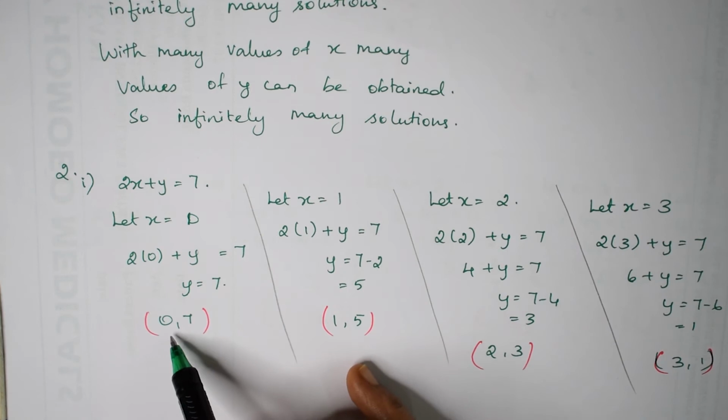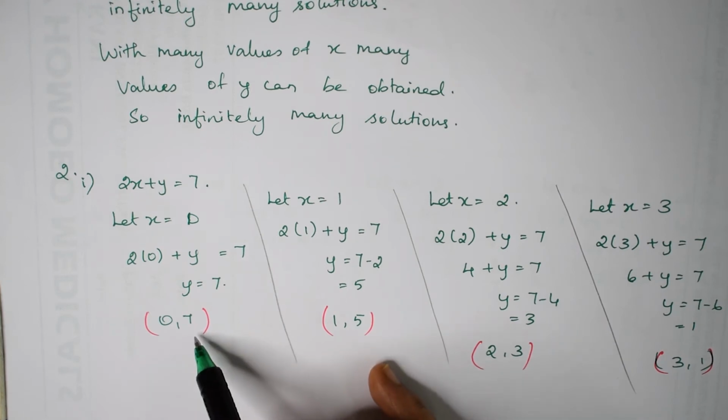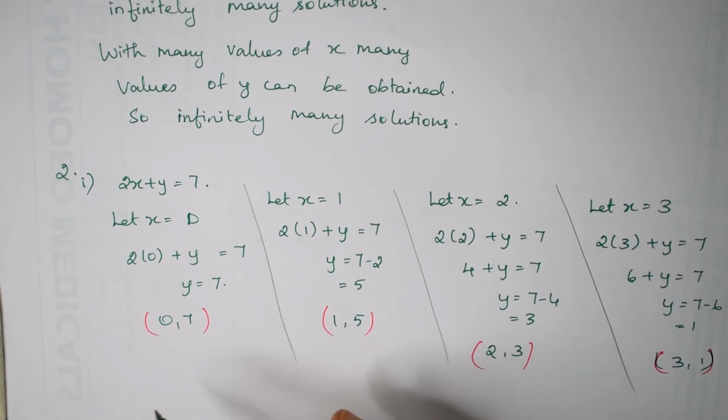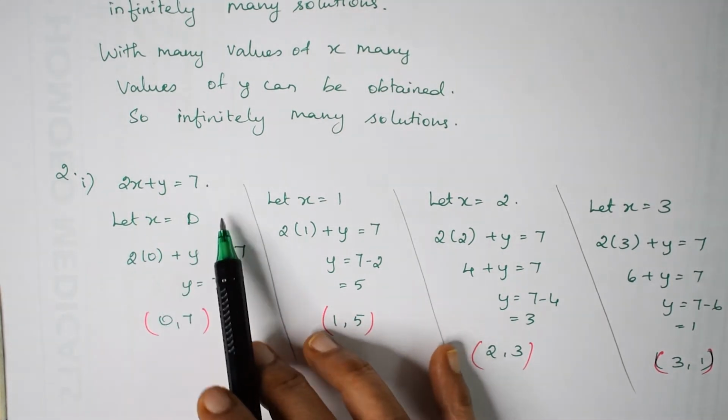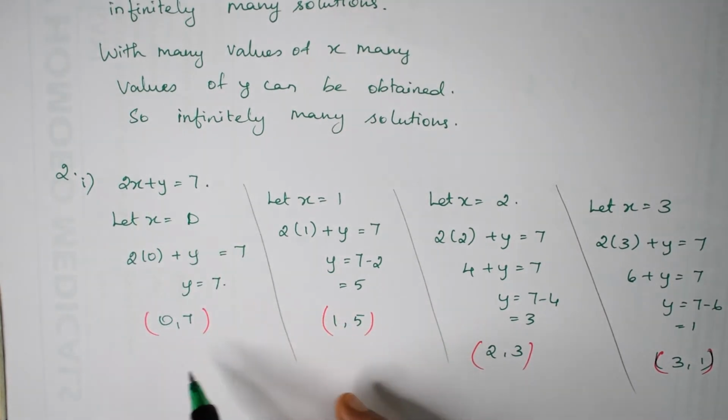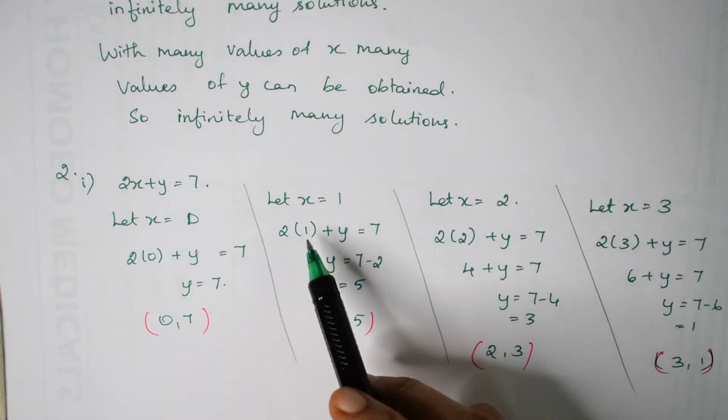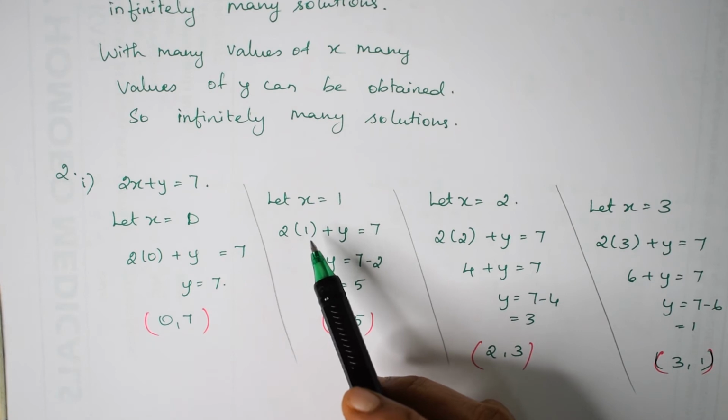If x value is 0 and y's value is 7, what does it mean? The line passes through the point 0, 7. If you represent this line on a graph sheet, the line passes through this coordinate 0, 7.